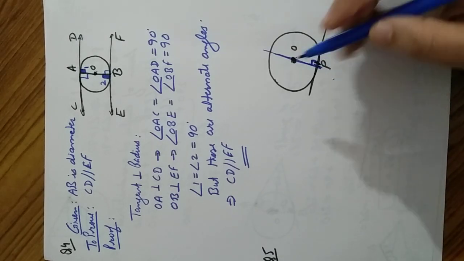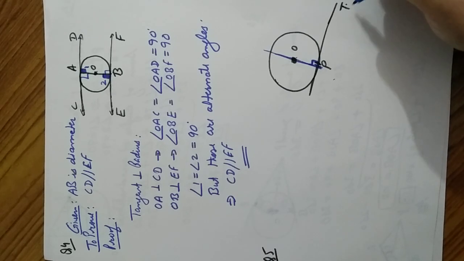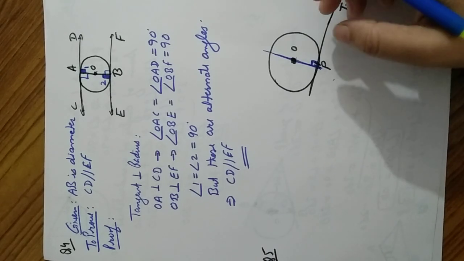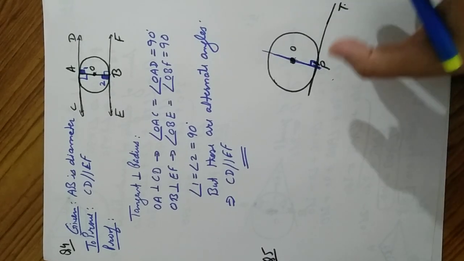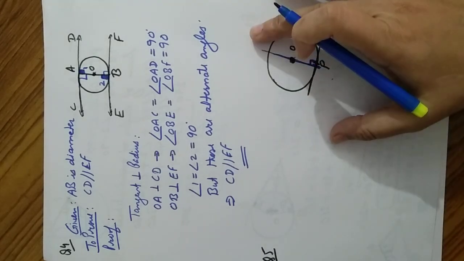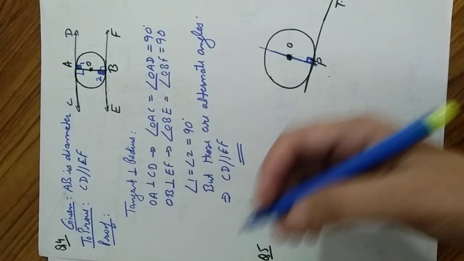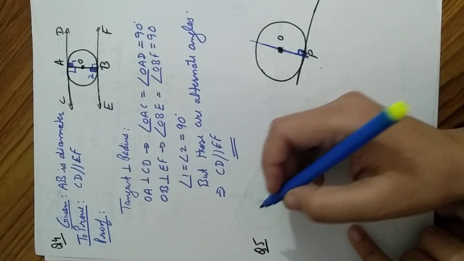OP is the radius also, and the radius is always perpendicular to the tangent, which we have done. So this implies that whenever we draw the perpendicular to this tangent, it must pass through the center of the circle. Okay, so you can write the theory also.